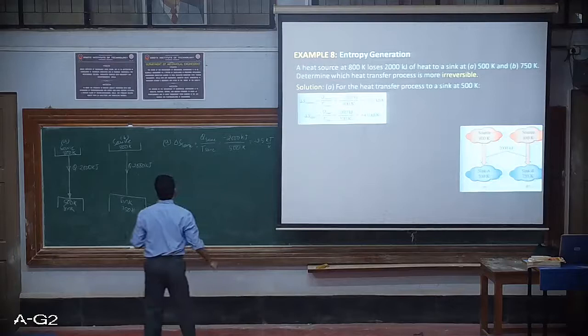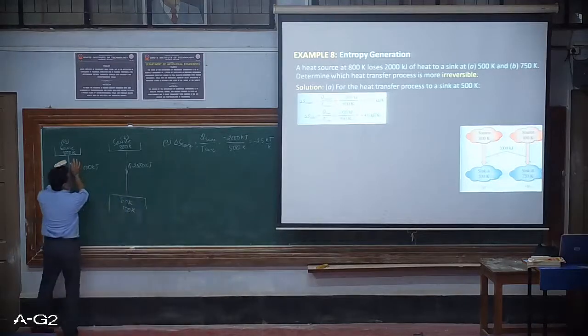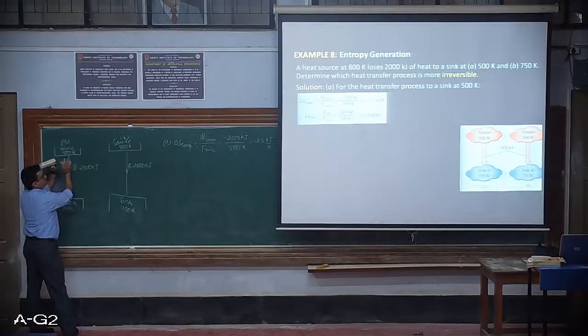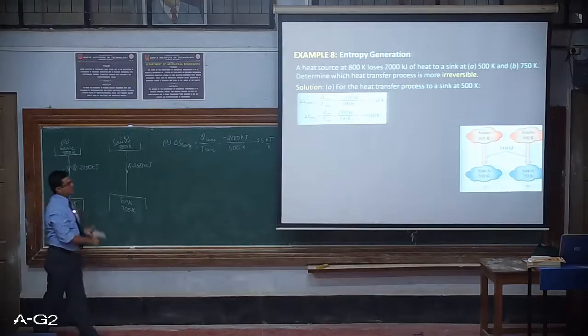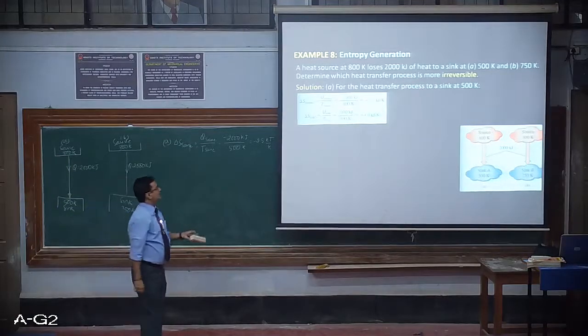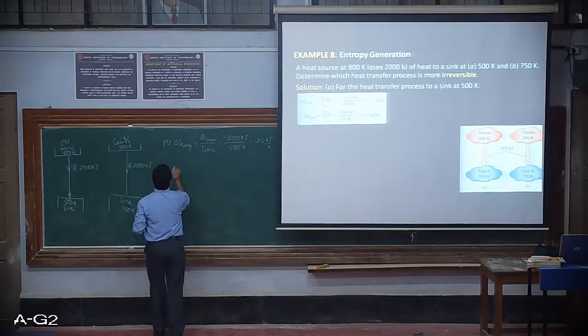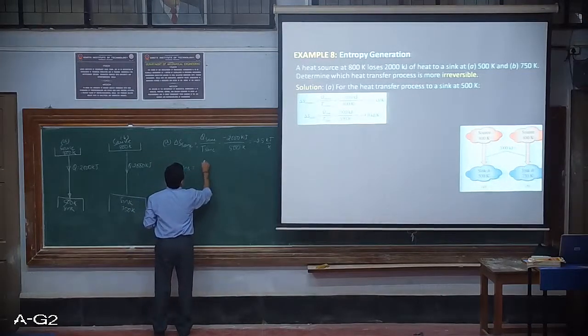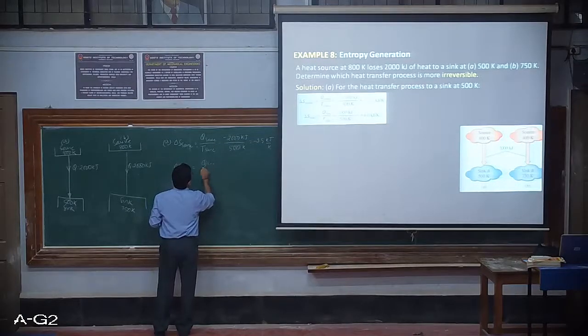Similarly, if this is the amount of entropy at the source, what is the entropy at the sink? On the same basis you have to calculate. So delta S of the sink is equal to Q of the sink divided by T of the sink.